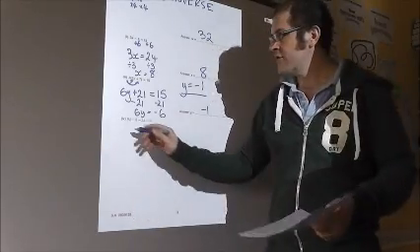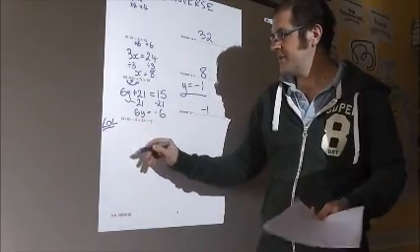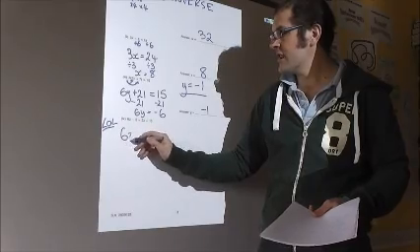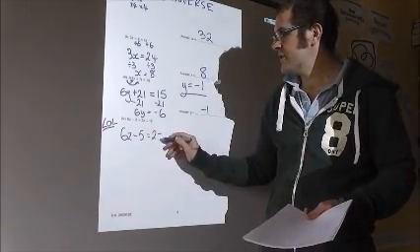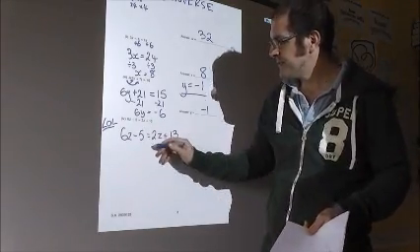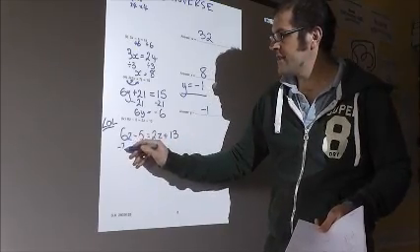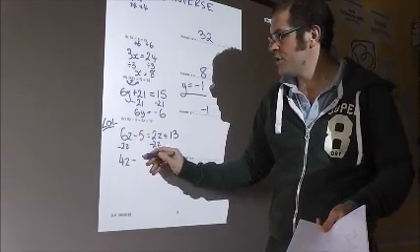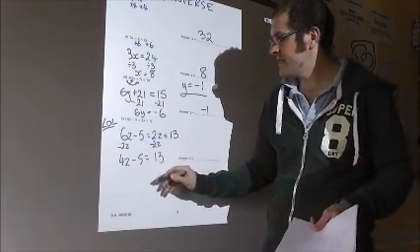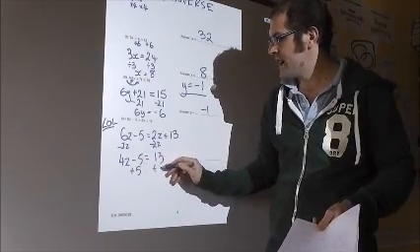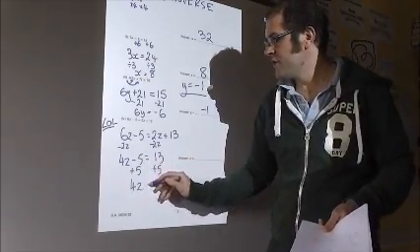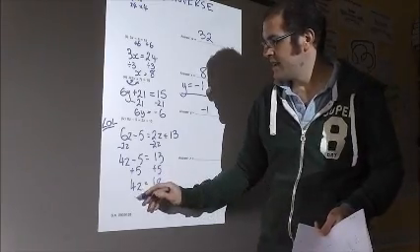And the last one, remember to get your letters on the left. So we've got 6z minus 5 is 2z plus 13. So minus 2z from both sides. So 4z minus 5 is 13. Now plus 5 to both sides. So 4z is 18.